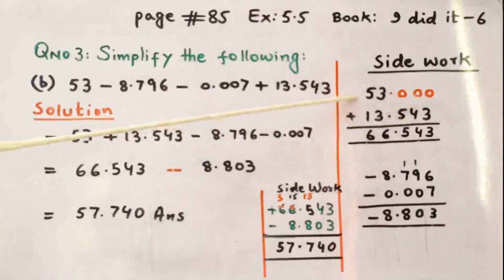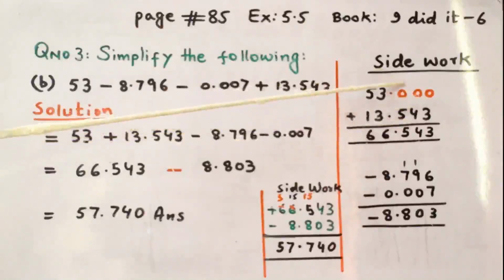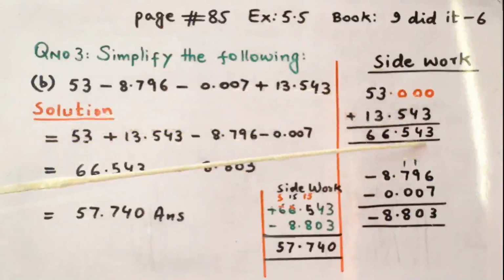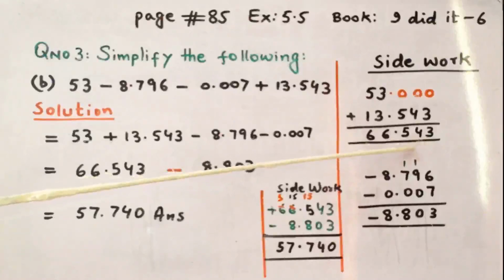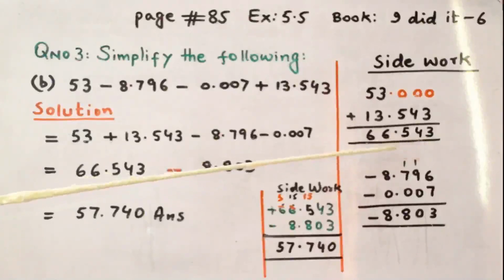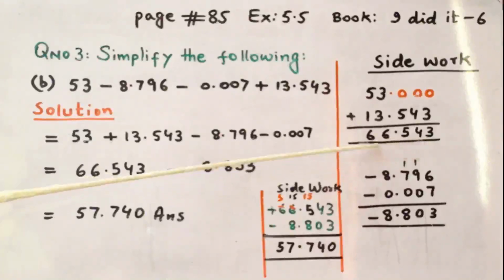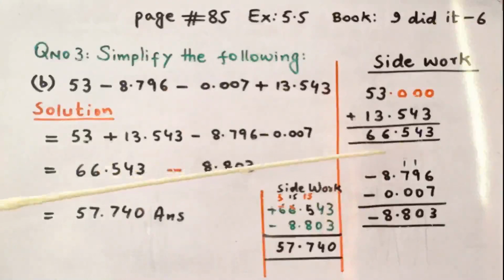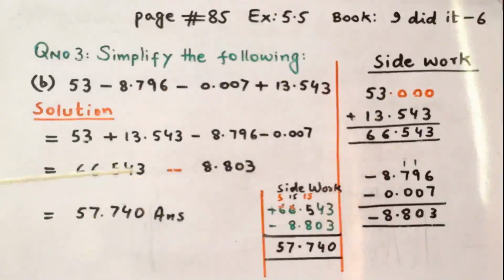Now add these numbers. 0 plus 3, 3 is here. 0 plus 4, 4 is here. 0 plus 5, 5 is here. Put decimal. 3 plus 3, 6. 5 plus 1 is equals to 6. 66.543.